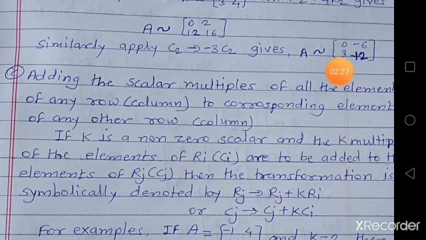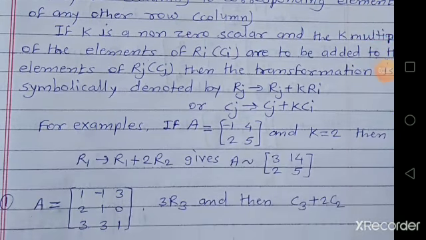For example, if A is the matrix with first row -1 4 and second row 2 5, and k is equal to 2, then R1 implies R1 plus 2R2 gives A equivalent to first row 3 14 and second row 2 5.